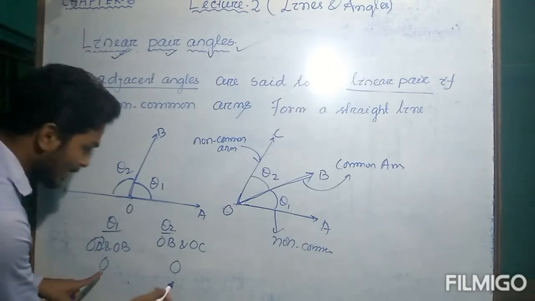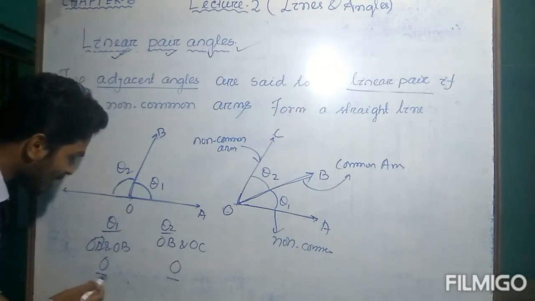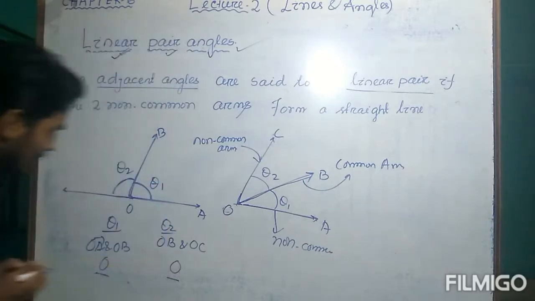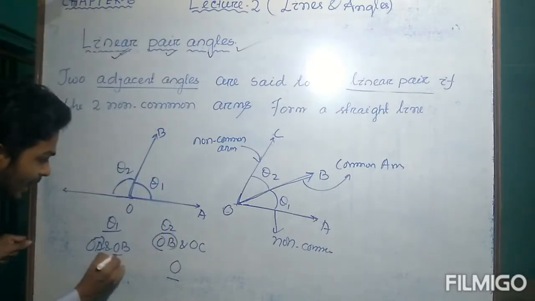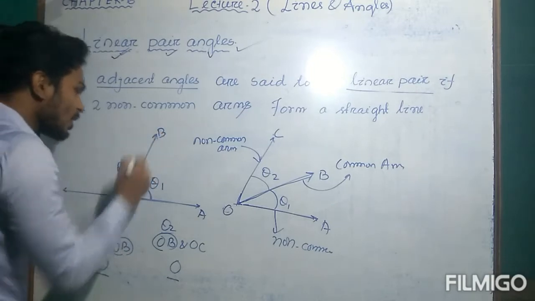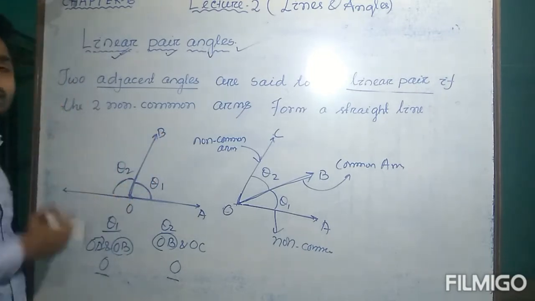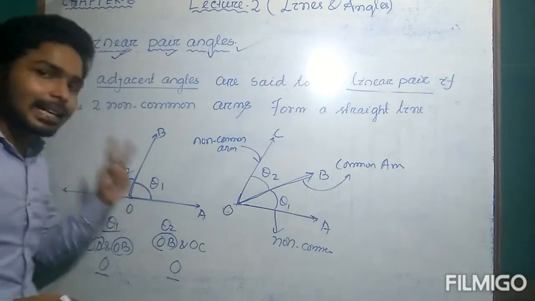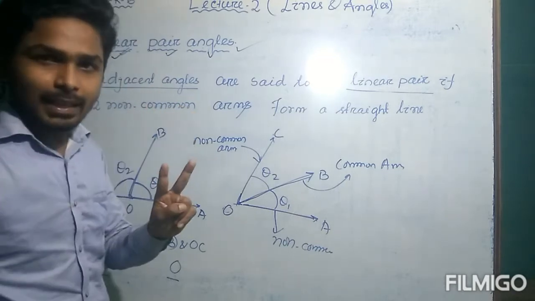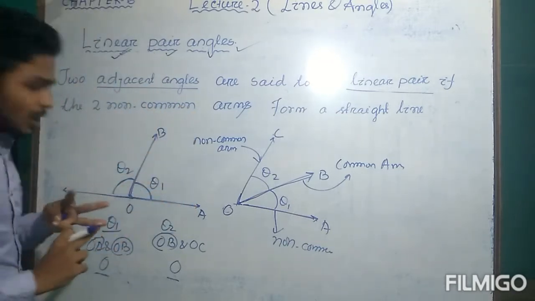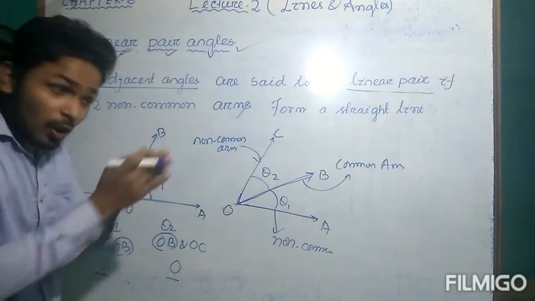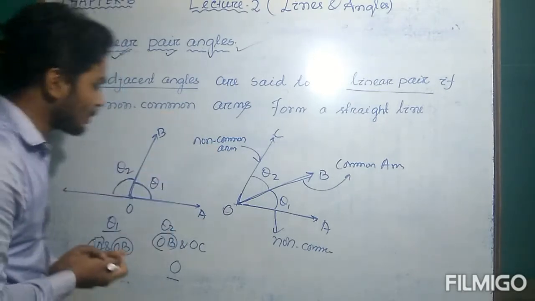Now see, if you compare these two angles, then they have a common vertex. Similarly, they have a common arm. OB is the common arm which is common to both theta 1 and theta 2. So these two angles satisfy the first two conditions of adjacent angles. Next is the third condition: whether the two non-common arms lie on opposite sides of the common arm.